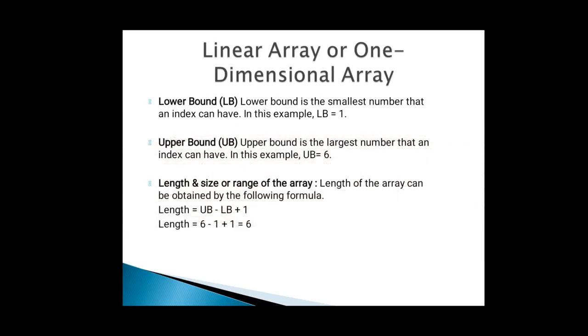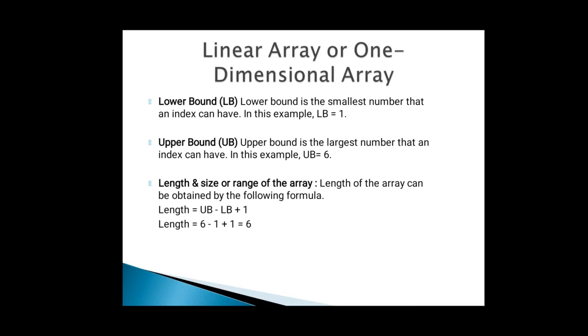Lower bound is the smallest number that an index can have. In the previous example, LB is 1. Upper bound is the largest number that an index can have. In the previous example, UB is equal to 6. Length, size or range of the array.